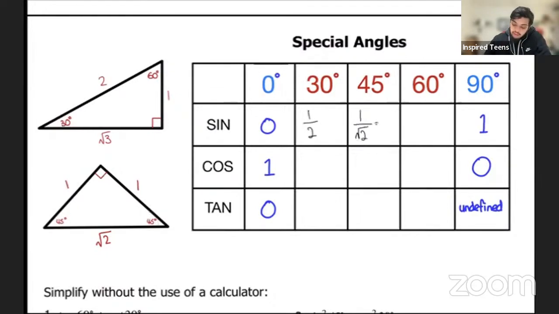When you rationalize the denominator, this is equal to root 2 over 2. Let's look at sine 60, opposite over hypotenuse, root 3 over 2. I'm just going to speed through this. Cos 30 we get a value of root 3 over 2 as well.